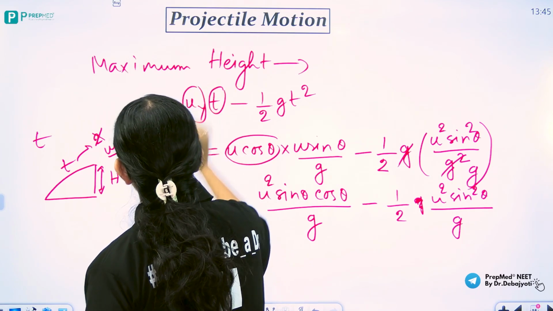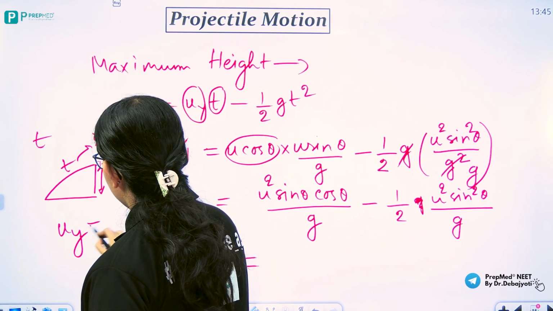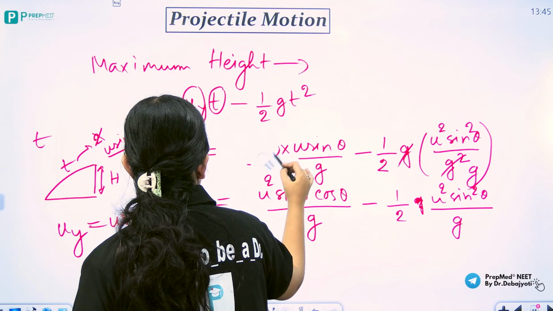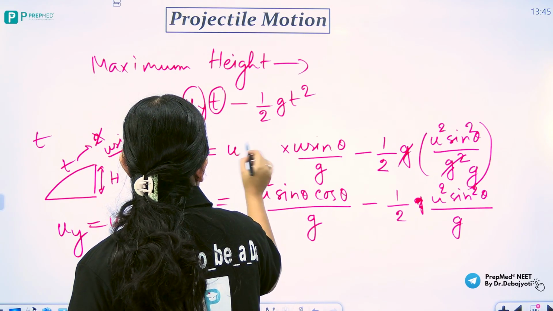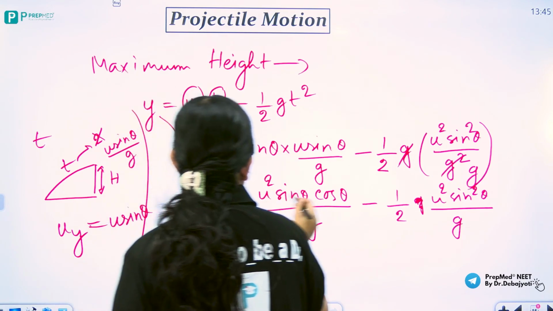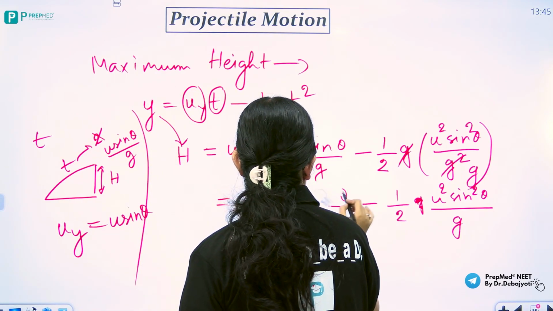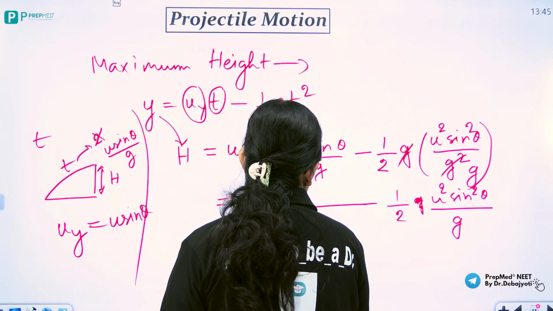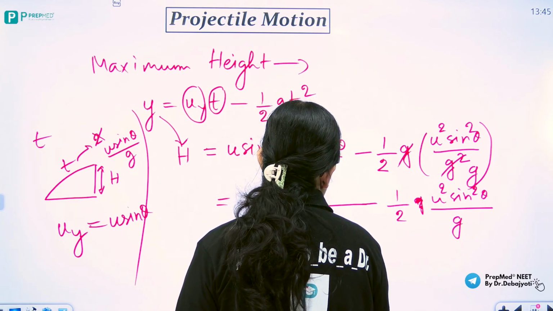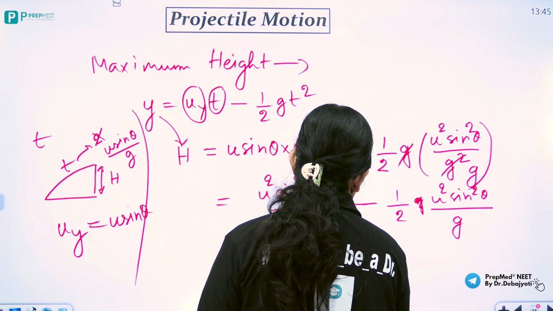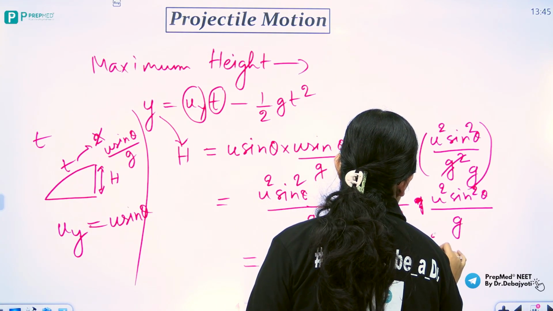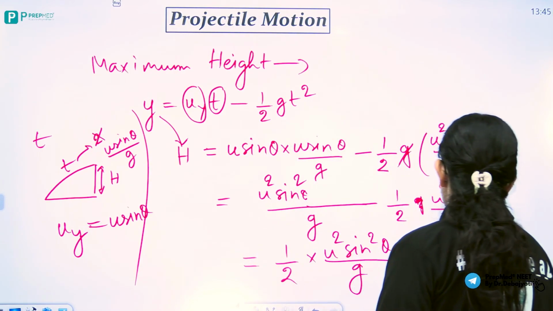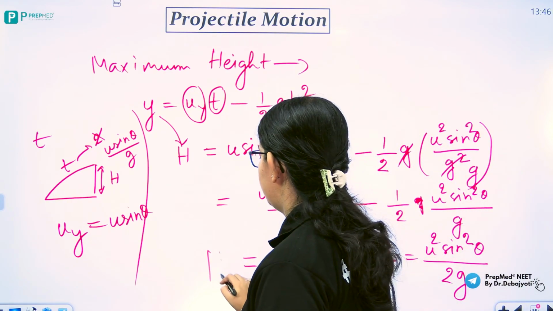Here we are only taking uy, okay, not ux. So uy is what? uy is u sin theta only. So ultimately what you are getting is half into u square sin square theta by g. So u square sin square theta by 2g. This is the value for maximum height.